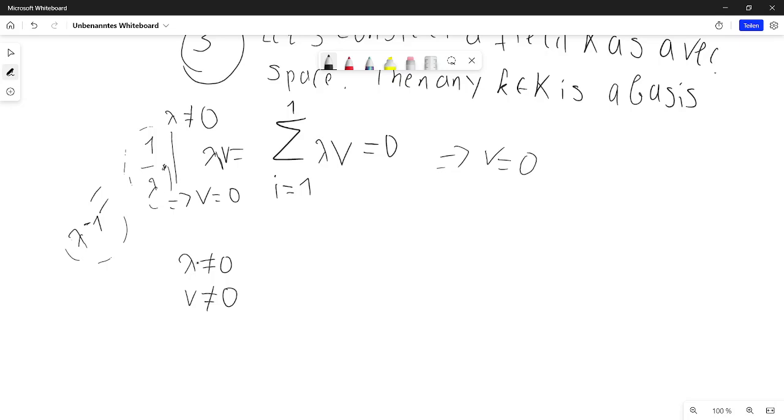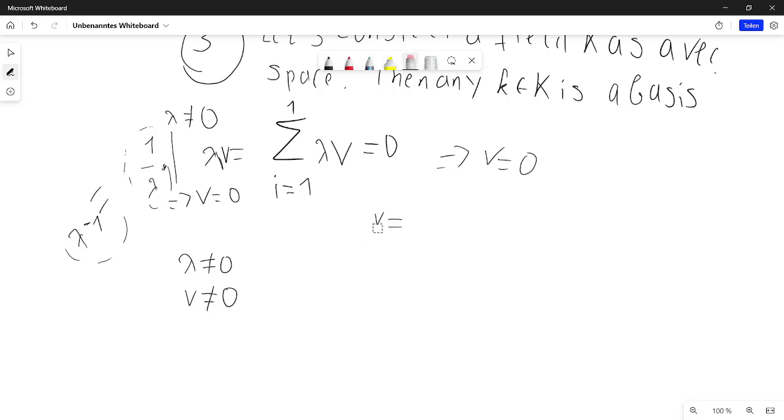So v equals 0. And if v is supposed to be non-zero and lambda is supposed to be non-zero, and we assume that we have this equality, then we get a contradiction, we get v equals 0.